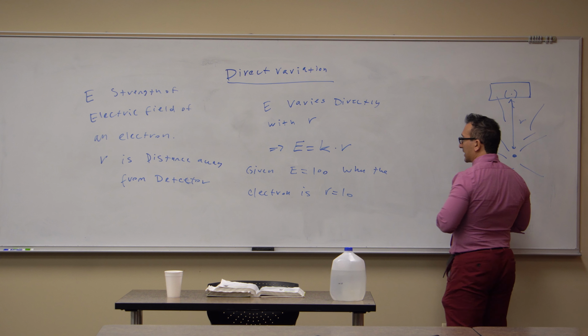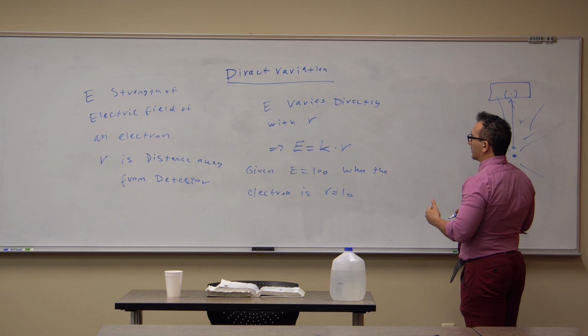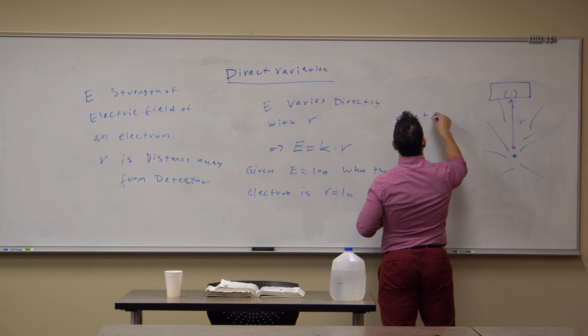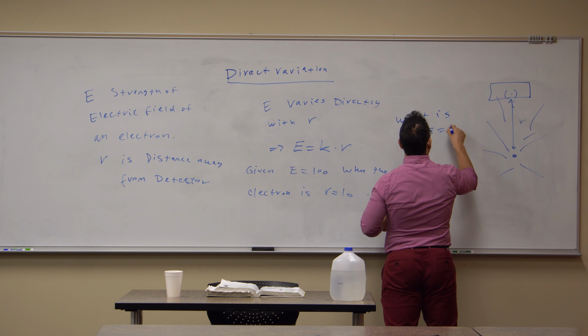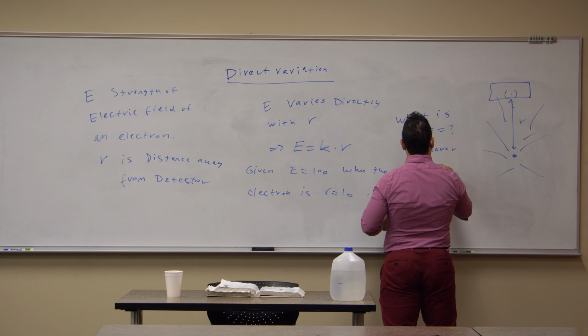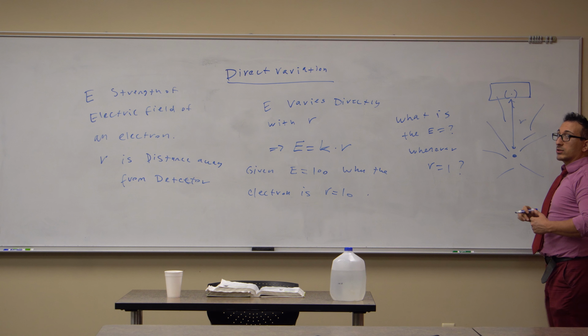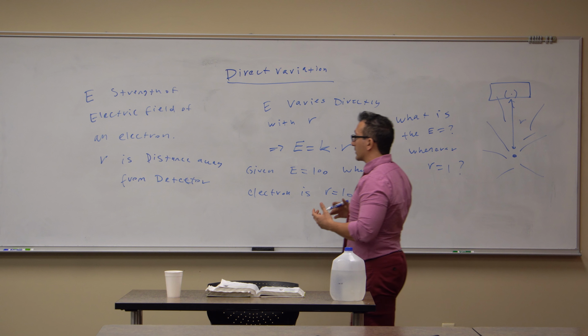Okay? So let's say the distance is r, the electric field is 100. What is E whenever the distance r is equal to 1? So when it's much closer to the detector, how strong did the electric field get?